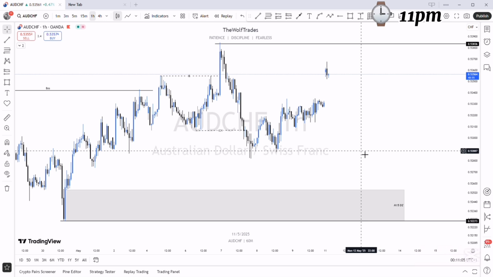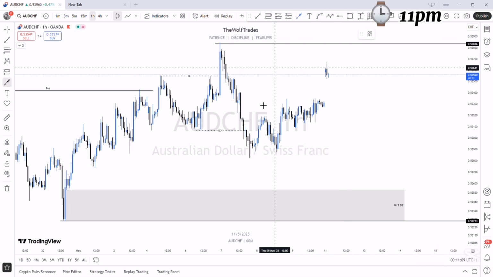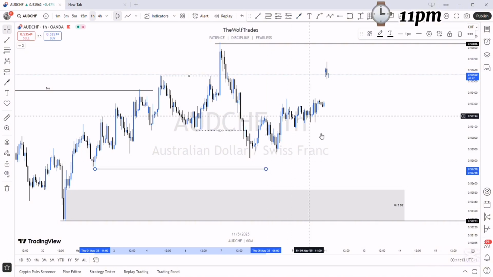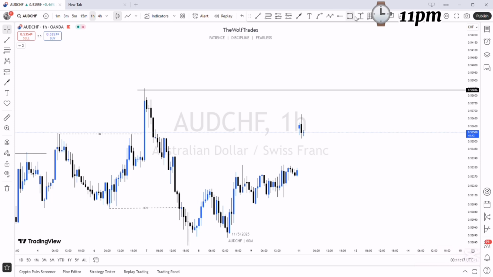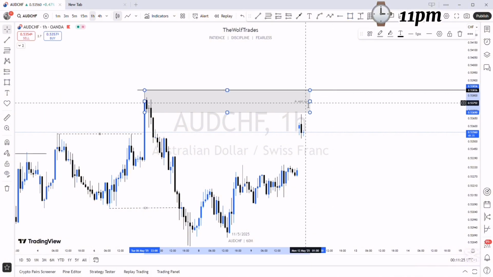So wait, so price still, that's my inducement for my order block, and my internal supply zone for a counter trading opportunity.